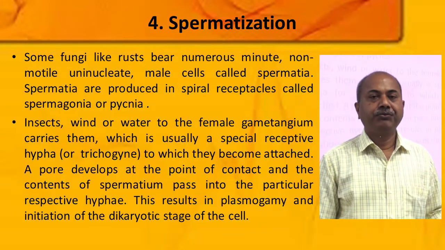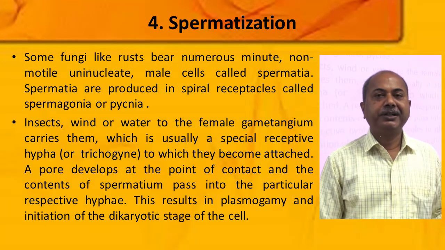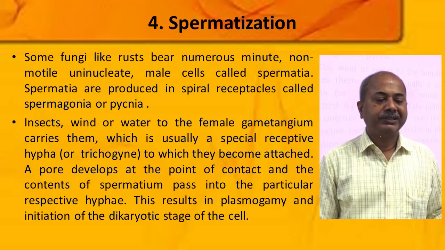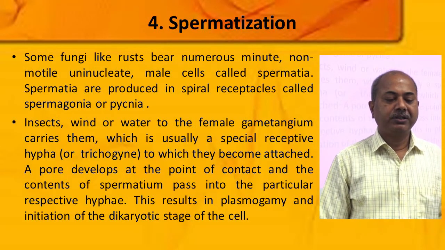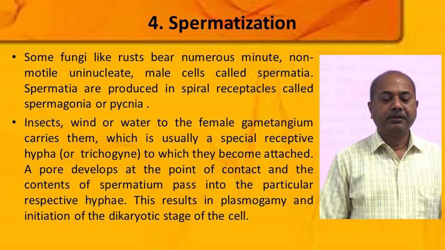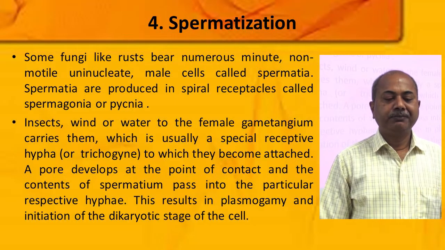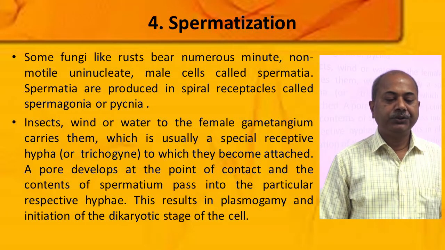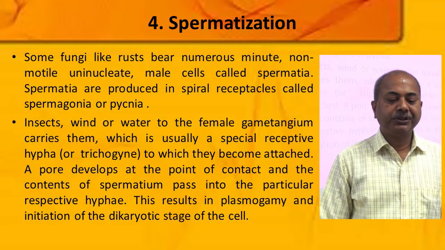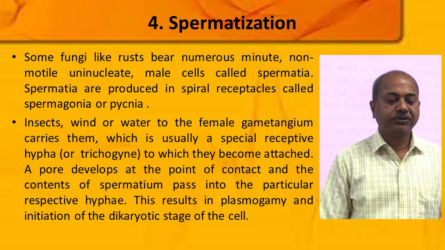Now the fourth method is spermatization. In some fungi like rust, the fungus bears numerous minute non-motile uninucleate male cells called spermatia. Spermatia are produced in flask-shaped receptacles called spermogonia or pycnia.